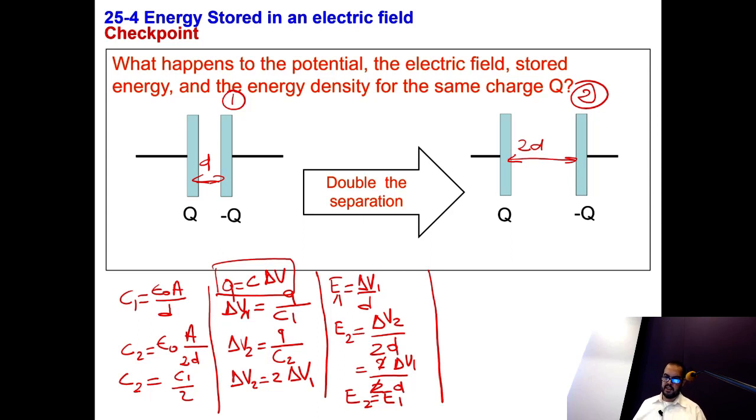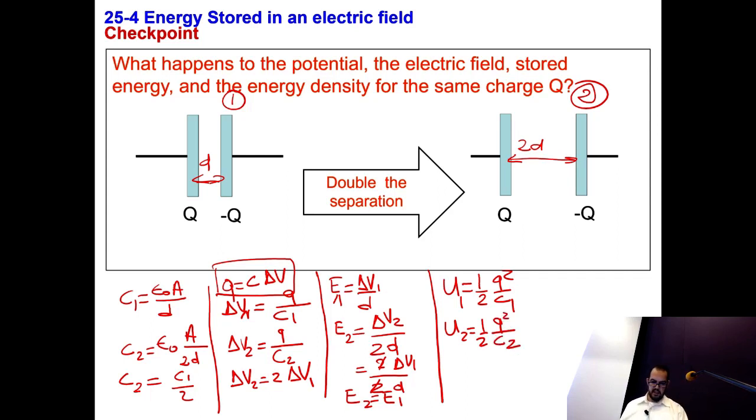How about the stored energy, U? Which equation would you use? I would use 1/2 Q squared over C. So U1 is 1/2 Q squared over C1. U2 is also 1/2 Q squared, the charge is the same, divided by C2.